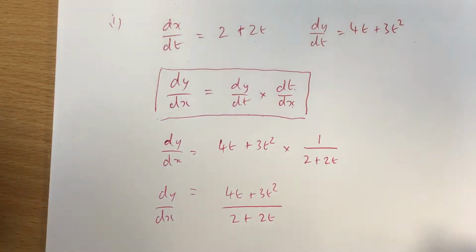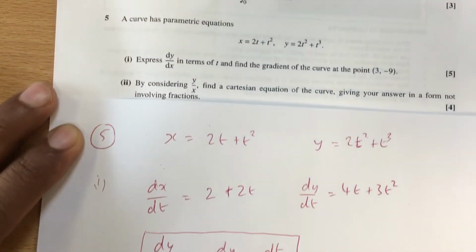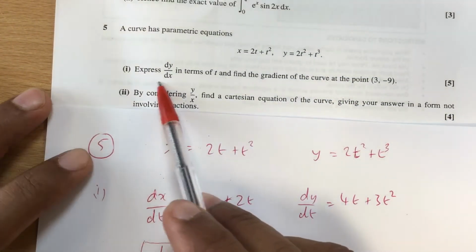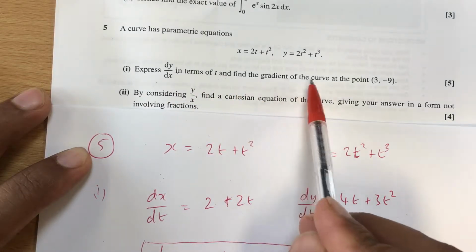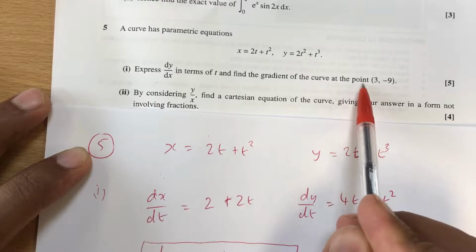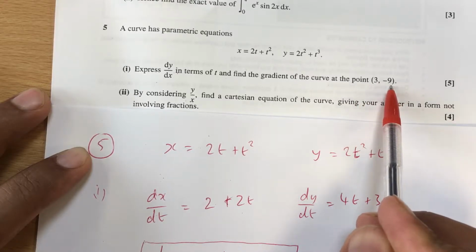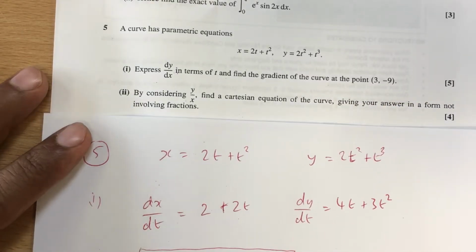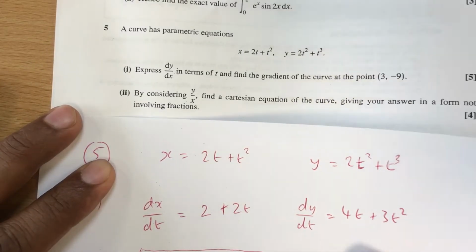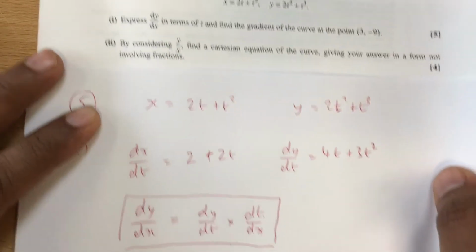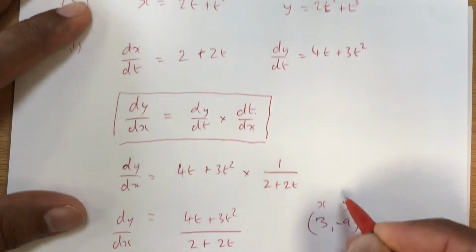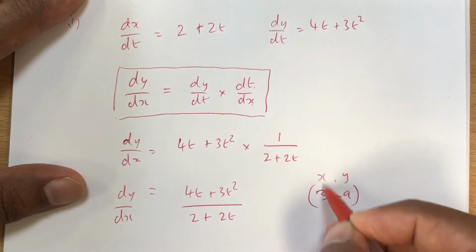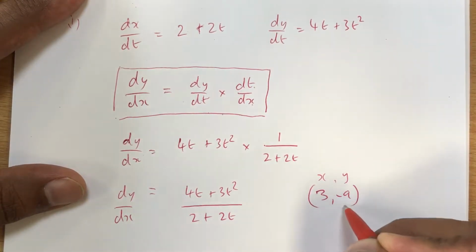Now the question says express dy/dx in terms of t, which we've done, and find the gradient of the curve at the point (3, -9). So I've got the point, that's my x and that's my y: x is 3 and y is minus 9.